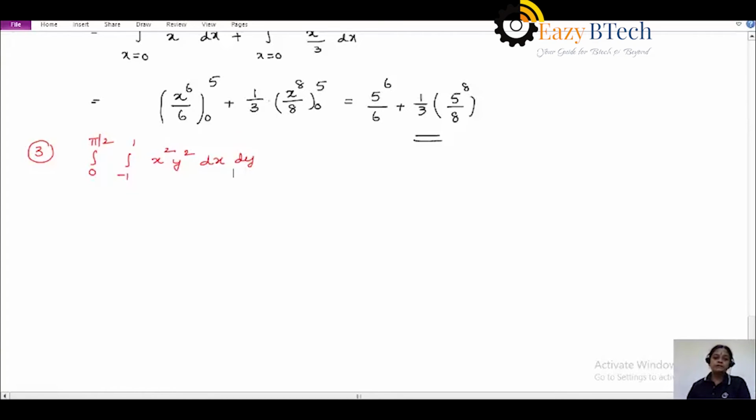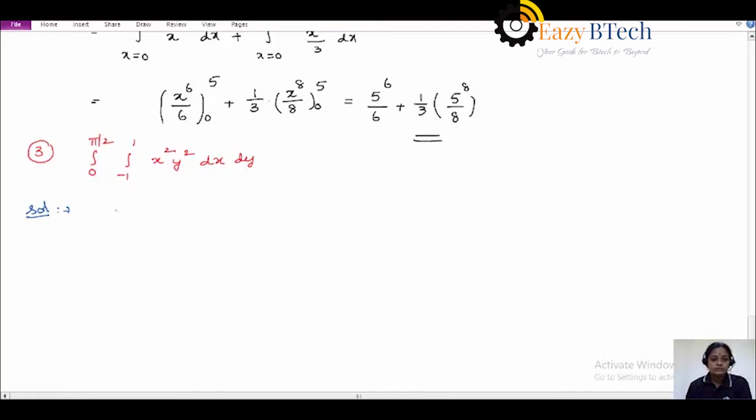So there is no particular order while we are doing the integration here. You may do integration with respect to x first and then y, or with respect to y first and then x. It is your choice when both the x limits and y limits are in terms of constants only.